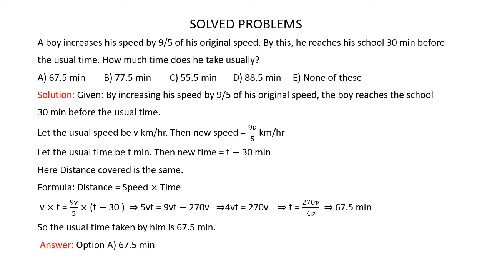Now since distance covered is the same, v multiplied by t is equal to 9v by 5 multiplied by (t minus 30). On solving this, we get t is equal to 67.5 minutes. So the usual time taken by him is 67.5 minutes. So the correct answer is option A, 67.5 minutes.